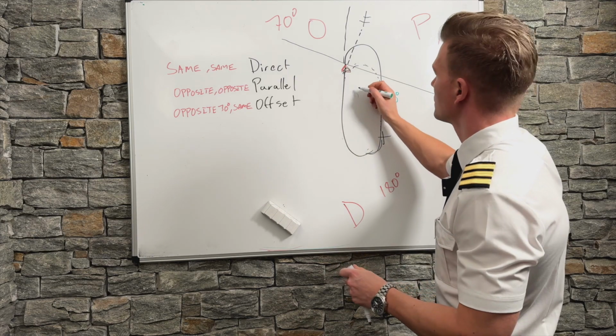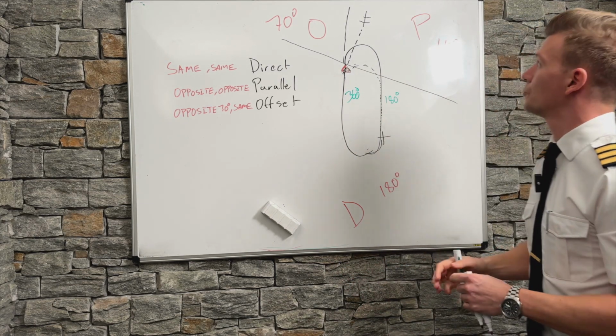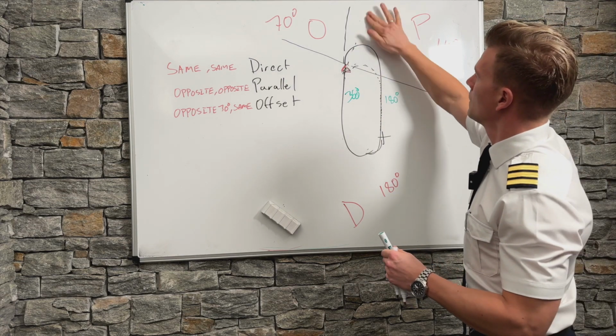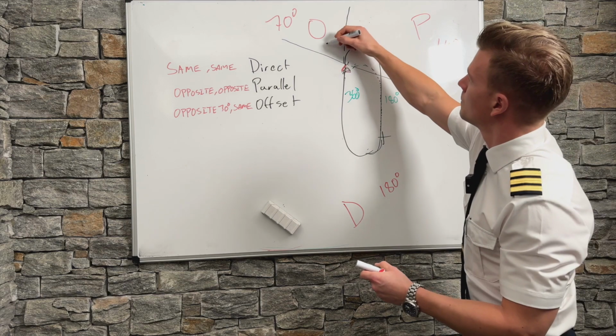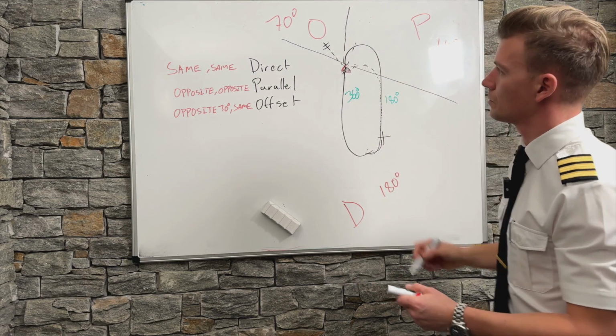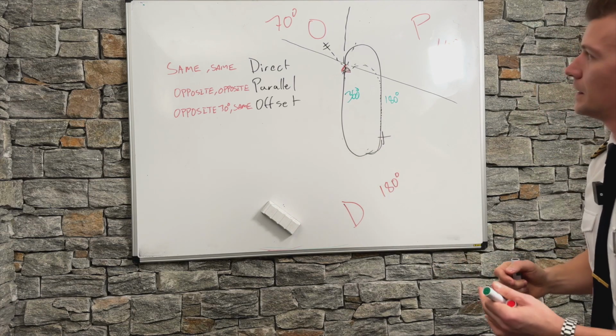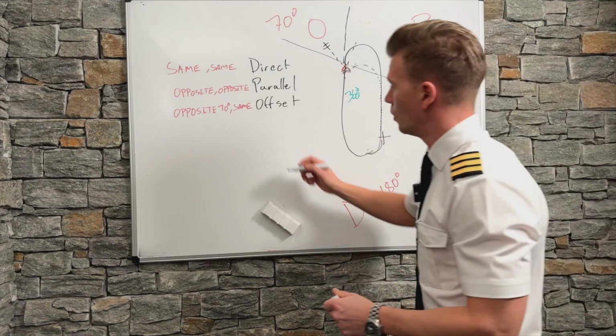Next scenario is the scenario of offset entry. Now the airplane is here towards the fix. So in this case, let's say it's flying at 150 heading.